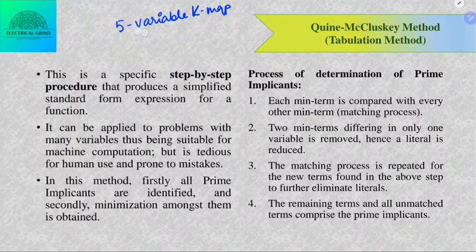So for this we will be using the tabulation method or the Quine McCluskey method. The K-map was a trial and error procedural method, but this tabulation method overcomes this difficulty by a specific step-by-step procedure which ultimately produces a simplified standard form of expression for the functions.